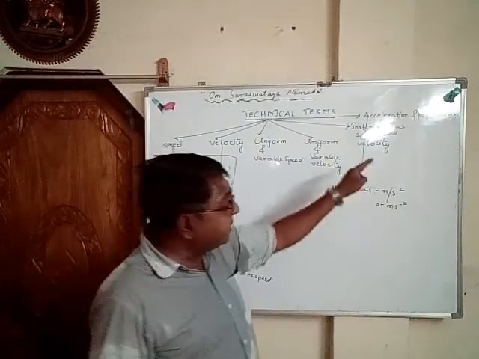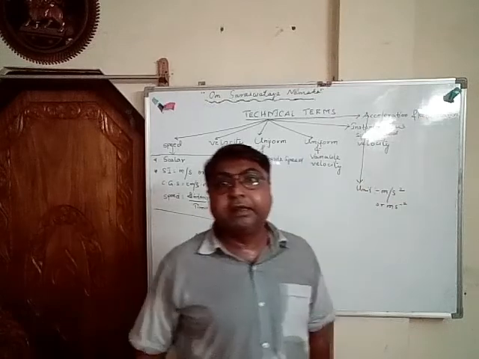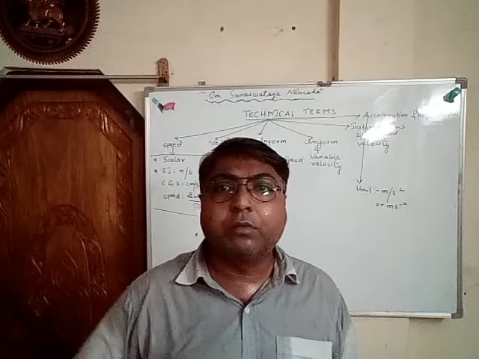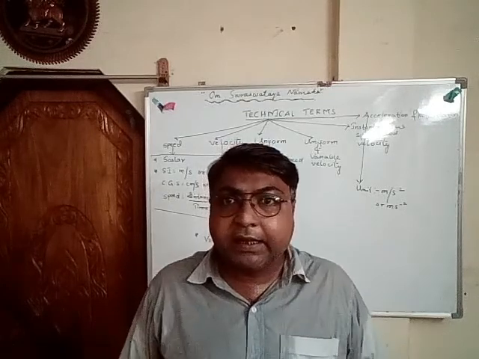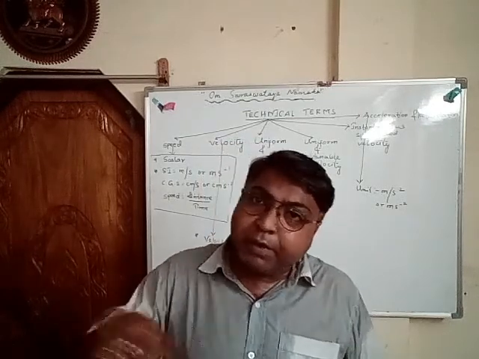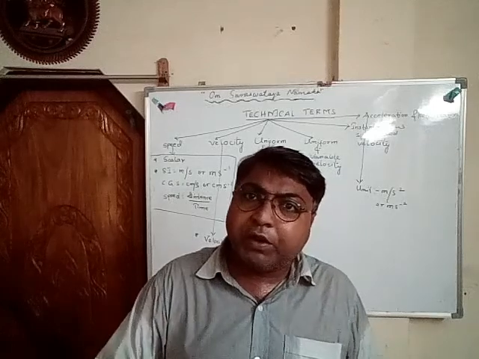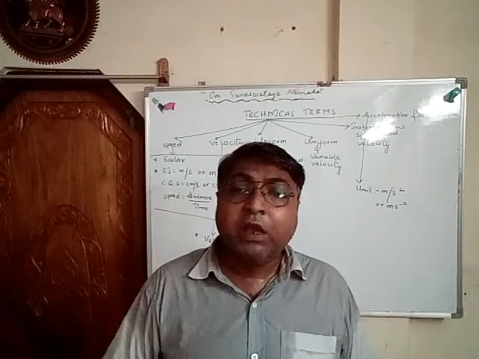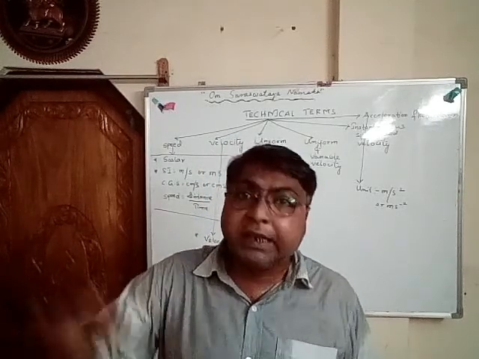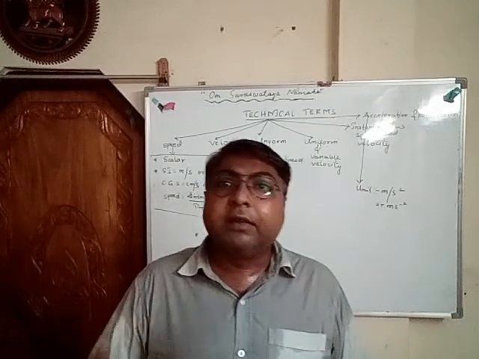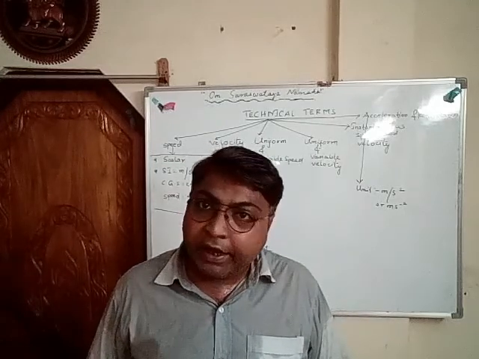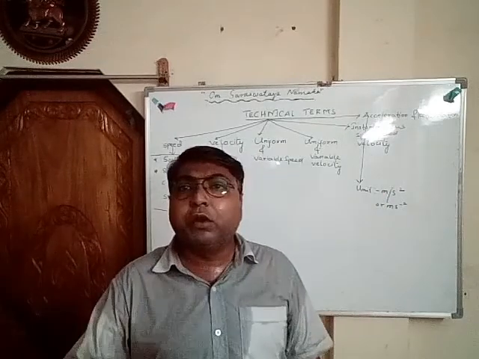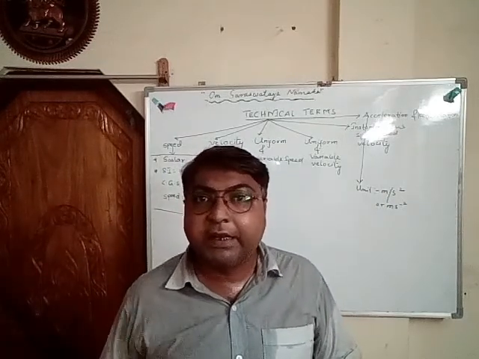Clear? Now this is accompanied with another definition, that is retardation. In case of retardation, suppose your father now wants to stop the car. So he will not press the accelerator, he will be pressing the brake. When he presses the brake, the velocity of the body is not going to increase with time. It is rather going to decrease with time. So whenever the velocity of a body decreases with time, we say that the body is having retardation. In case of retardation also the formula will be the same, velocity divided by time.